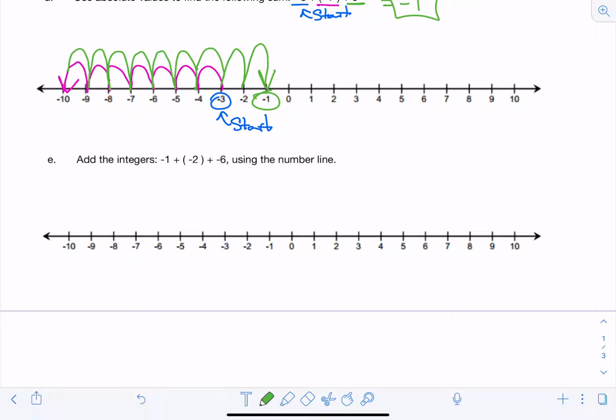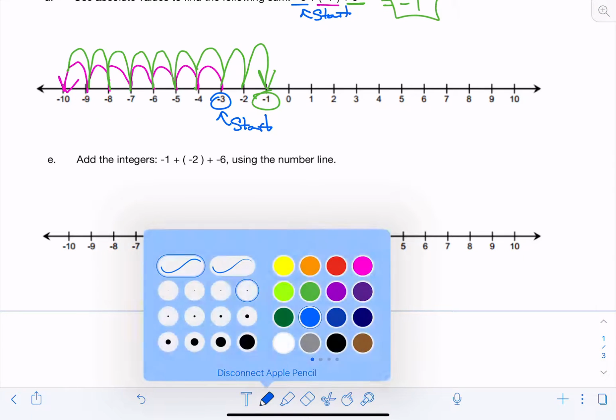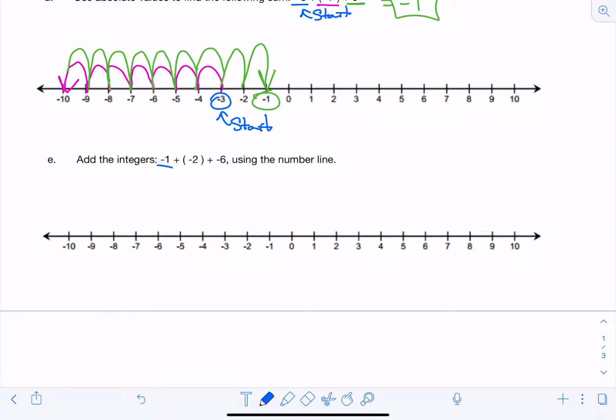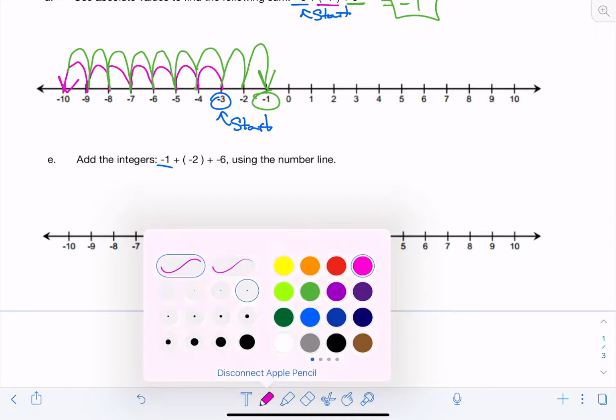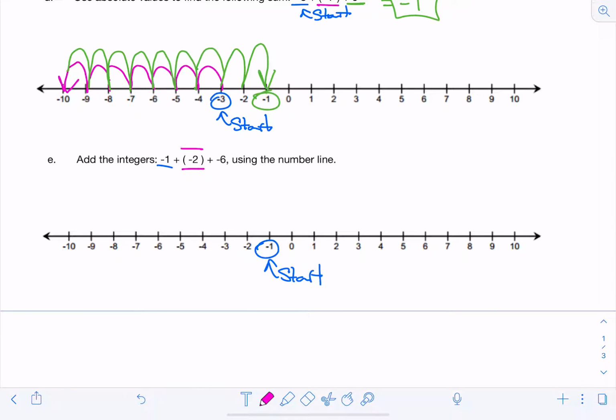So in this case, all three numbers are negative. So we have our starting point of -1, right? So we're going to start at -1. Our second number is negative, so we know it's going to go to the left 2 times. 1, 2.